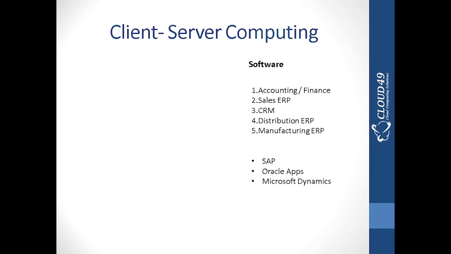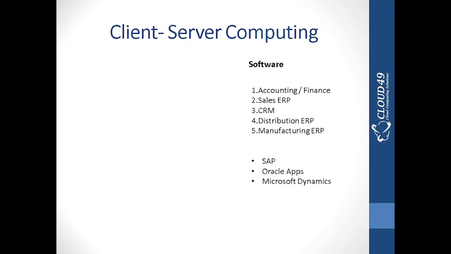Now we move to the next. We need to understand what software is used when we are using the client server computing model. Most of the time we use accounting software in a center location. One accounting software is there, and people from different locations use this accounting software. One server is there, and the other machines are clients; they log in and use this accounting software to manage the accounts. Sales ERP relates to sales.